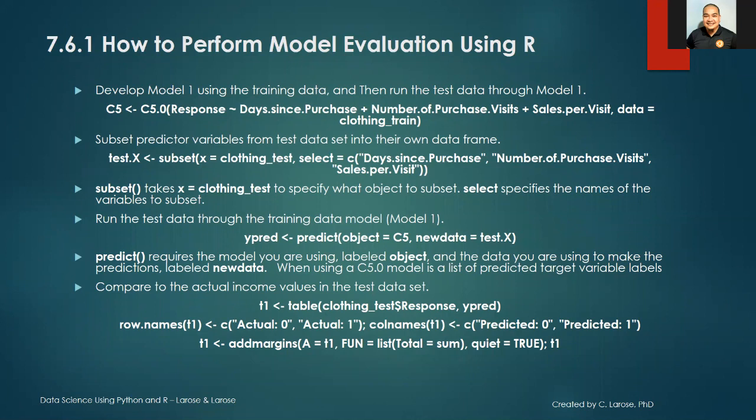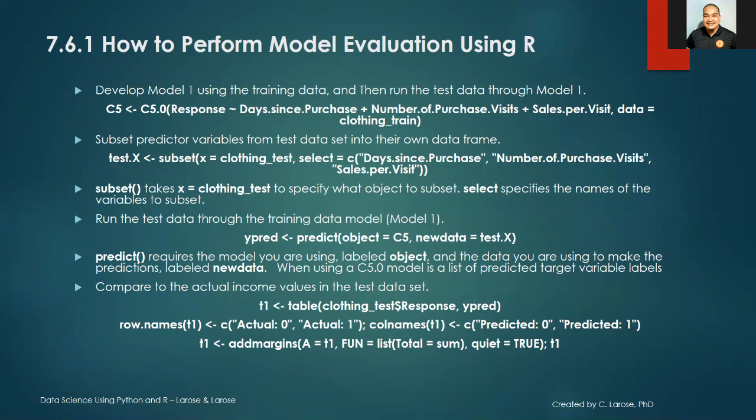Next, subset the predictor variables from the test dataset into their own data frame by using this syntax. The subset command takes input x equals clothing_test to specify what object to subset. For our case, we are subsetting from the clothing_test dataset.